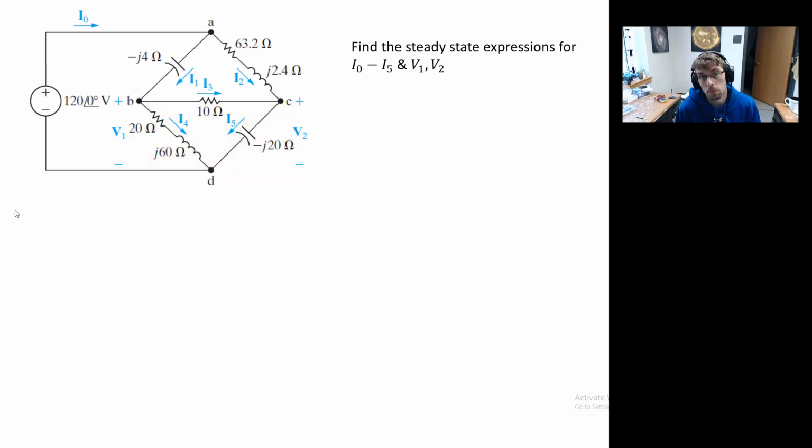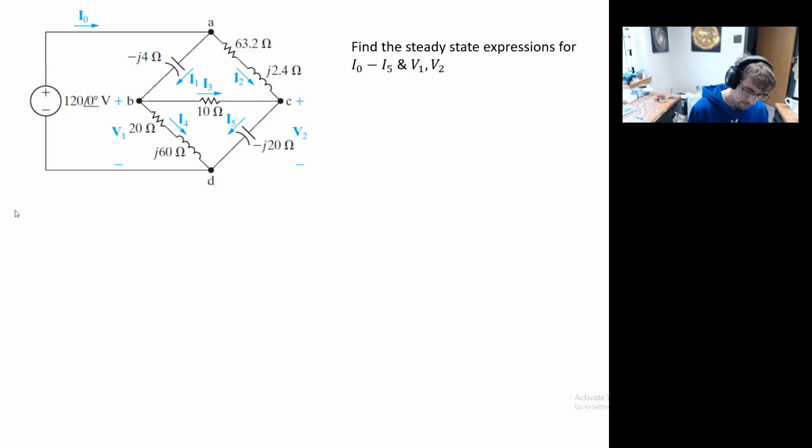I'm going to do a delta to Y transformation, then combine the impedances to get a single impedance, and that will give me the I naught value. Then I'll have to start working backwards to extract the rest of the currents. So I'm going to go through, if you will, the long way.